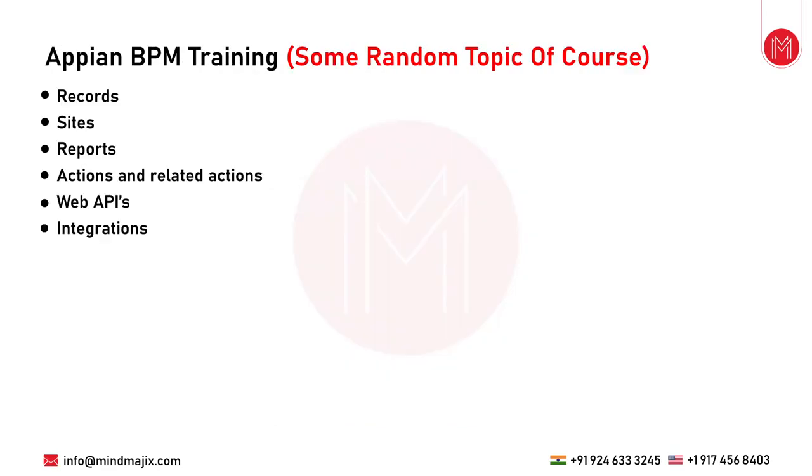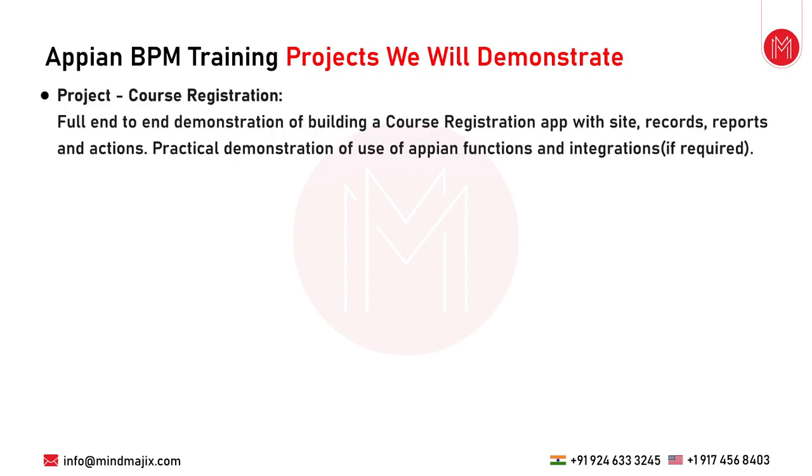There are also some topics of the course, like records, sites, reports, and actions. These are basically the most used Appian objects that we will be working with in our next classes. The project that I will be guiding you through is course registration. It's a full end-to-end demonstration of building a course registration app.